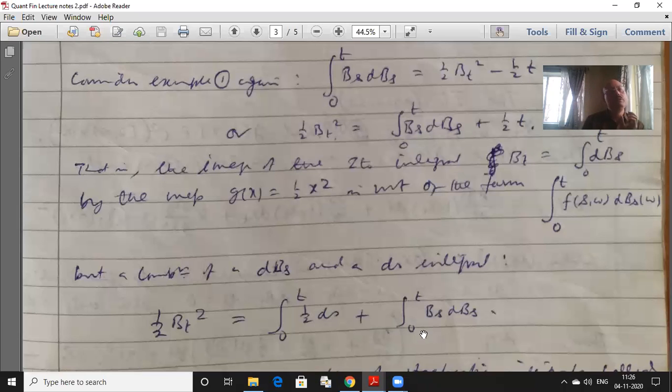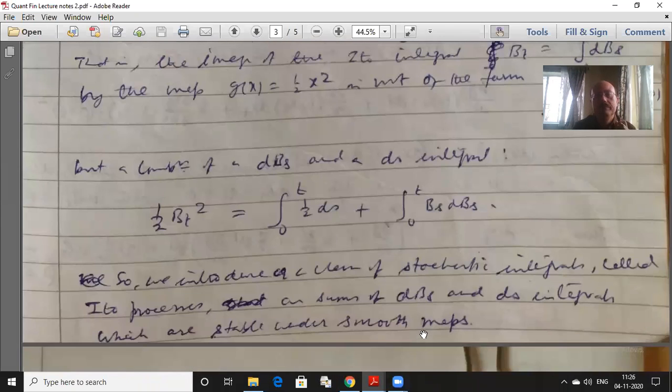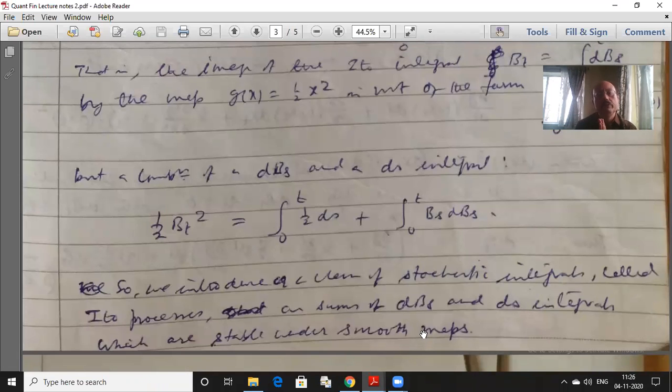So this intuition we now want to formalize as a general result. So what is our idea? Our idea is, let us introduce a class of stochastic integrals. These stochastic integrals are always a combination of a dt integral and a dB integral, a sum of a dB and a ds integral. So we introduce a class of stochastic integrals, and these stochastic integrals we call Ito processes.